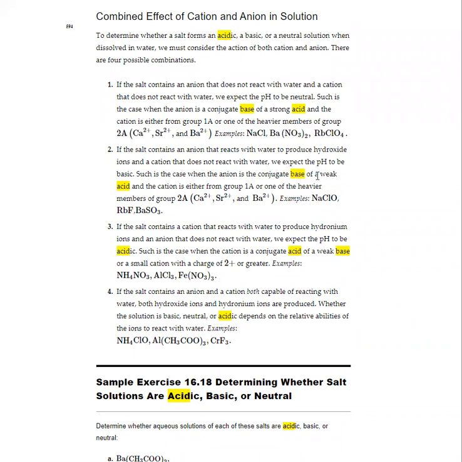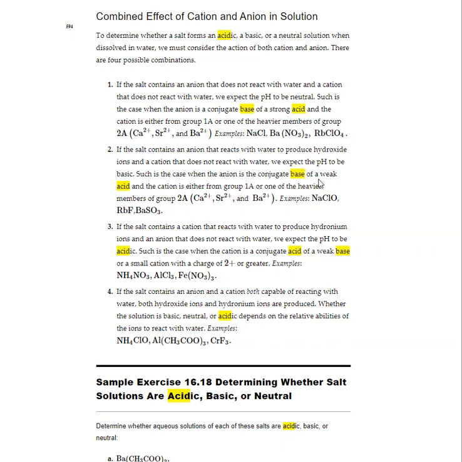So part 2 is talking about a stronger conjugate base and a still weak conjugate acid. You're going to have NaOH, which is a strong base, so it's going to form a weak conjugate acid, and ClO, which comes from HClO, which is a weak acid. So you've got a weak acid and a strong base.